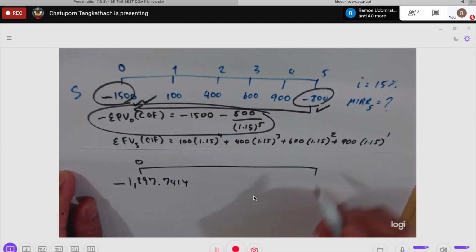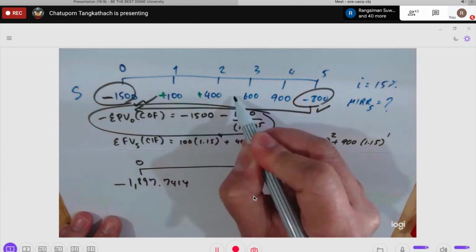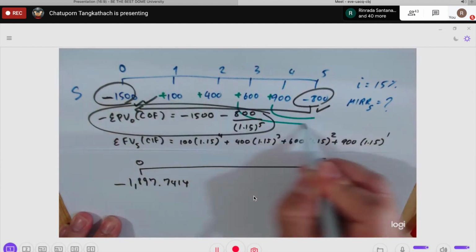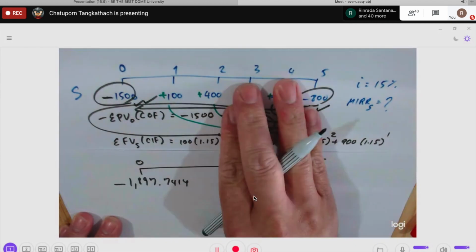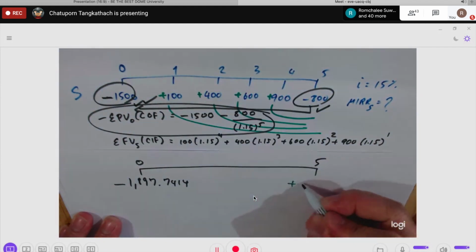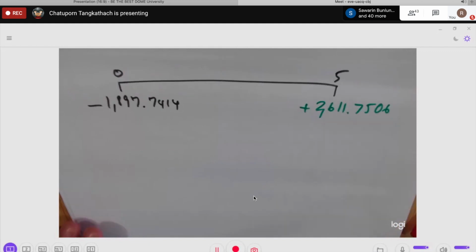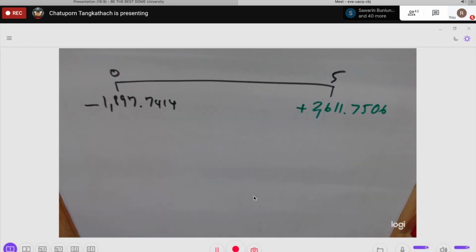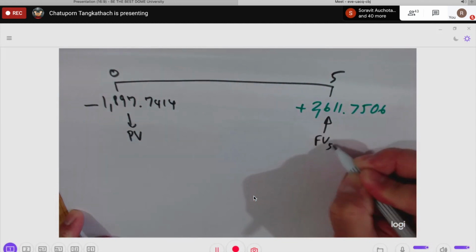And then what we try to do next, we put all the positive cash flows there to be future value. So all of them are actually gone. We have the total future value here, 2,611.7546. After you have that, you think about this one as present value, this one as future value 5.